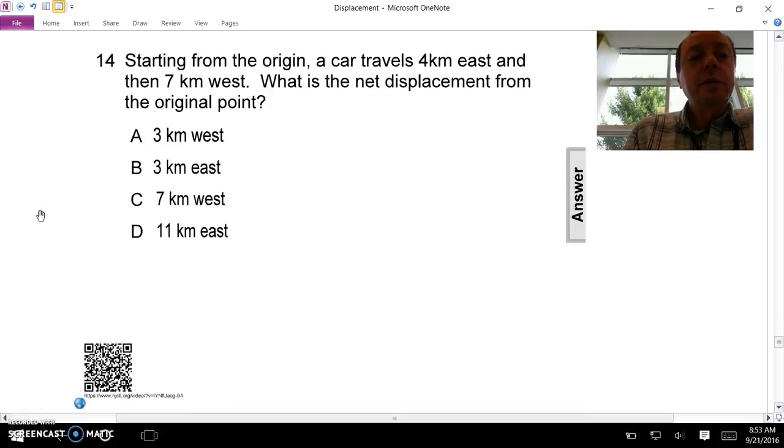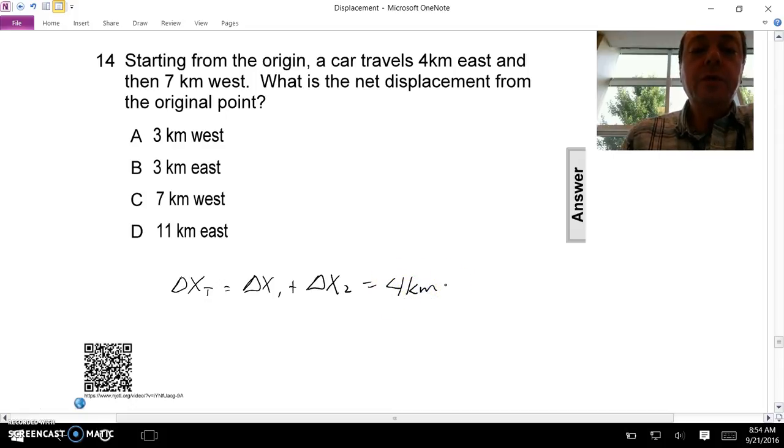What is the displacement? Well, let's see. I've got two displacements, and I'm going to include them both. And I'm going to pay careful attention to which way each one goes. So 4 kilometers in the positive direction and 7 kilometers in the negative direction.